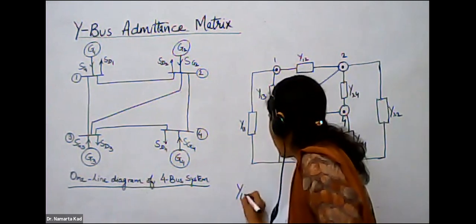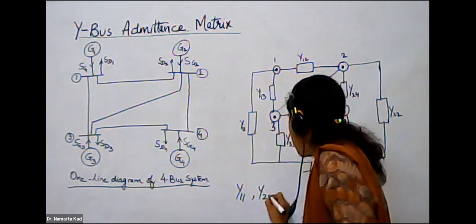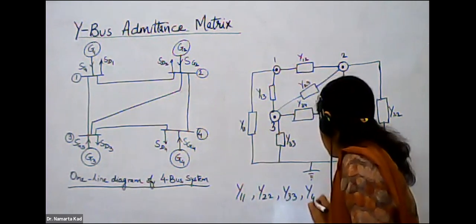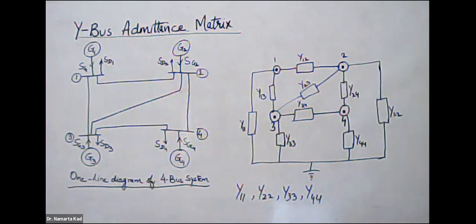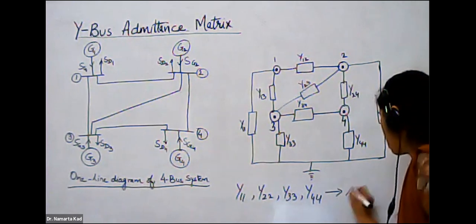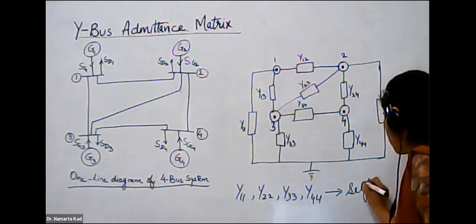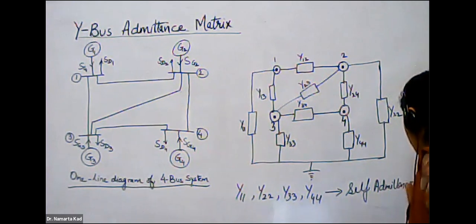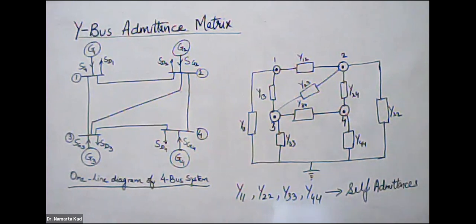Y11, Y22, Y44. These are called the self admittances.